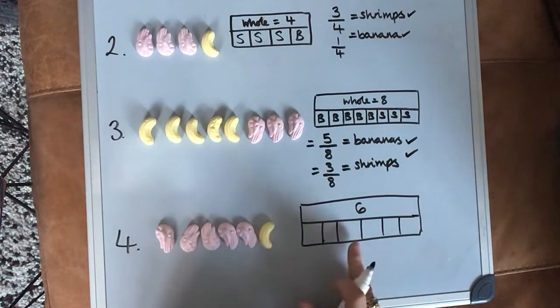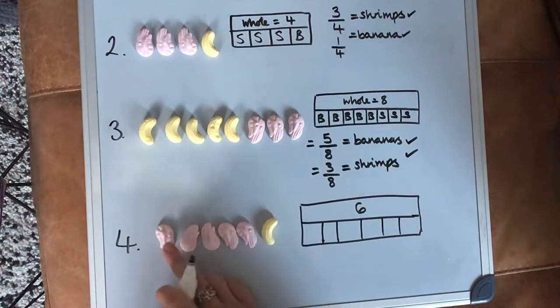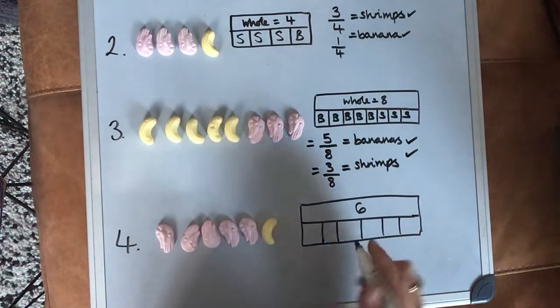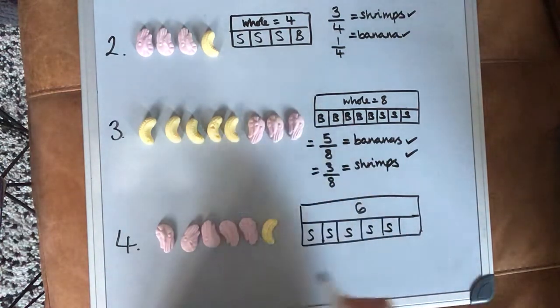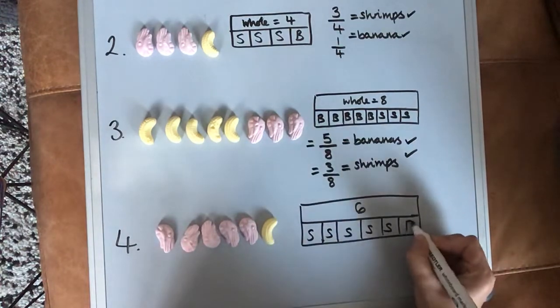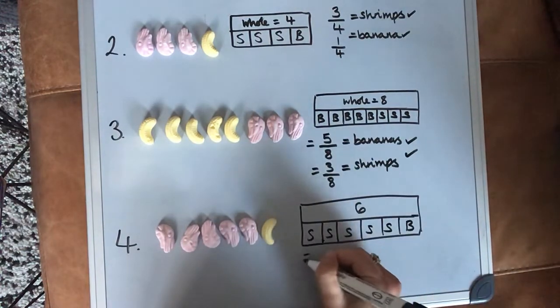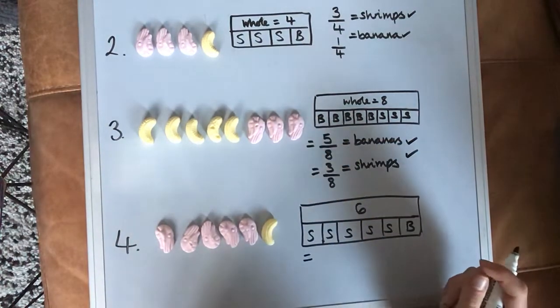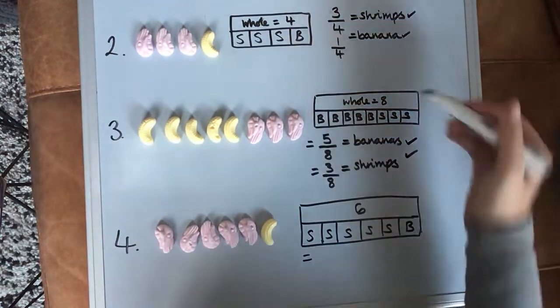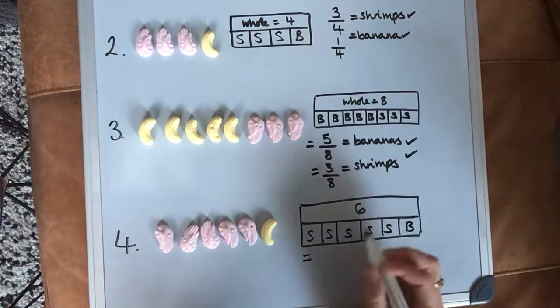Now let's mark on how many shrimps and how many bananas. 1, 2, 3, 4, 5 shrimps. And then 1 banana. So when we're talking about 6 equal parts, we're talking about sixths. Okay, so these were eighths, sixths.